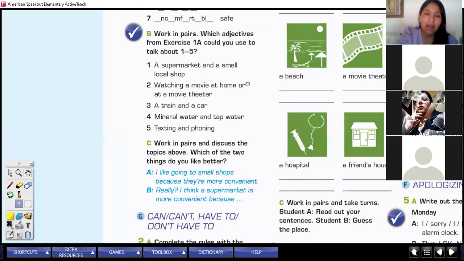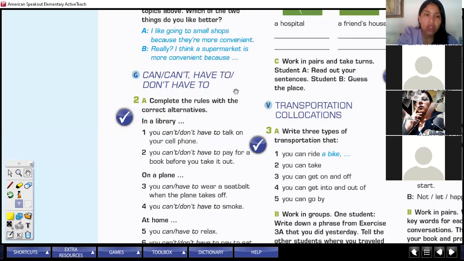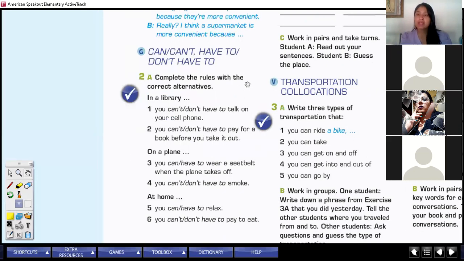Okay, now let's go with can, can't, have to, and don't have to. Remember, it is very different to say that you can do something and that you have to do something. It is more of an obligation if you say that you have to do something, and can is just showing the ability or telling you what you're able to do, right? And it is also very different to say that you can't do something or that you don't have to do something.